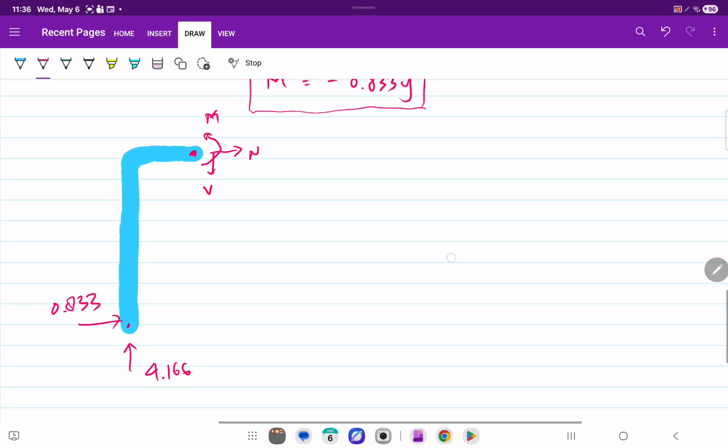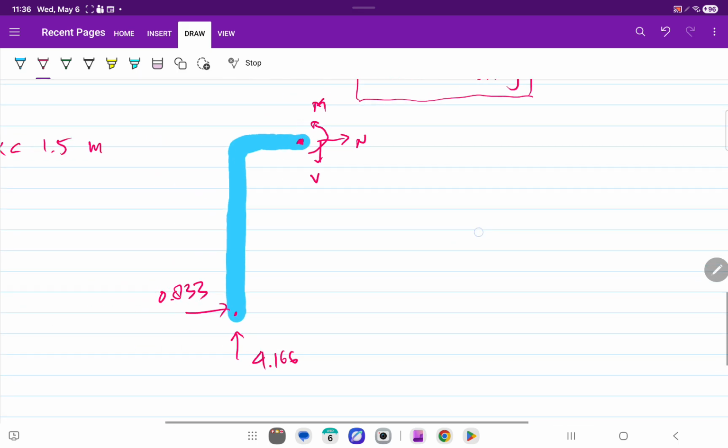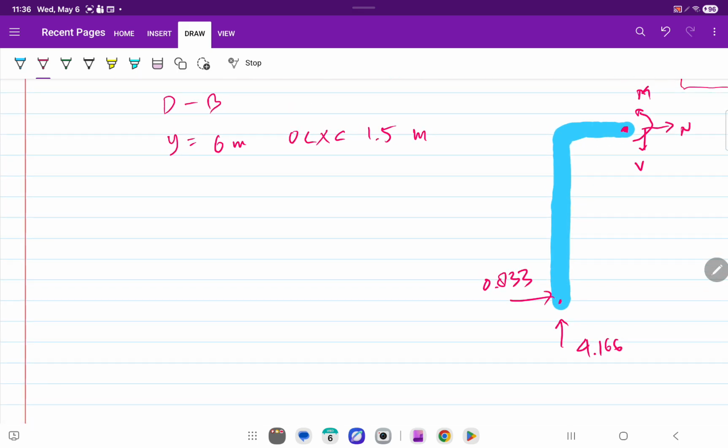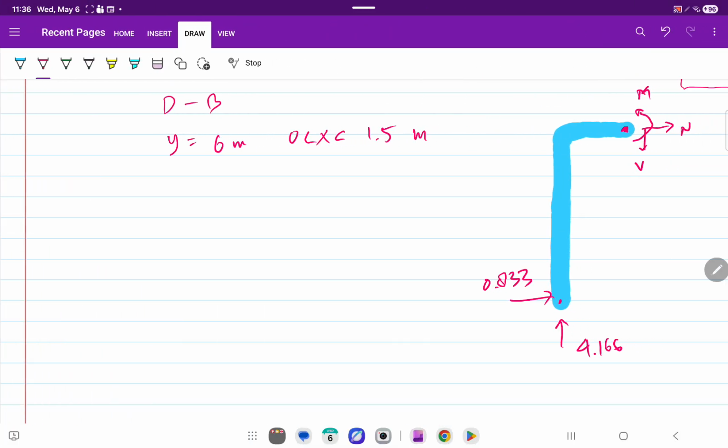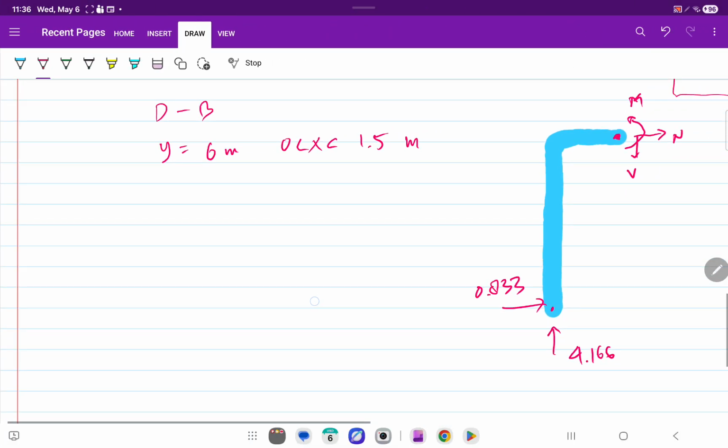So how to solve this? That's easy. Let's do it like this. Sorry. Sigma moment at the sectioning point equals 0. So this N and V will create no moment. The M is counterclockwise, which is positive.